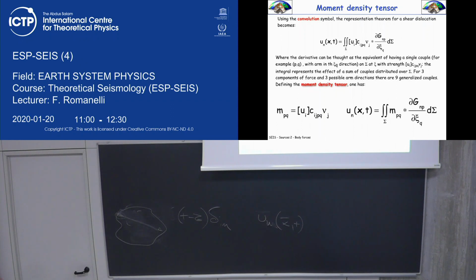You can demonstrate that G is well defined if you apply the boundary conditions on the body. Like, for example, this is a free surface. G is defined and it is continuous across the fault. This is discontinuous. Actually, that's the difference between the displacement on this side and on this side. So it's very shear dislocation.